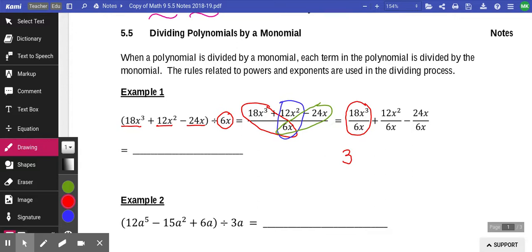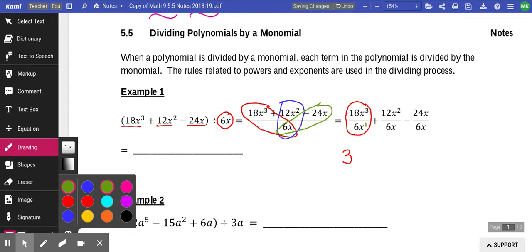We added them. When you divide, you subtract. So in this case, this would be x to the power of 3, and there's an invisible 1 at the bottom. So it'd be 3 minus 1, which is 2. x to the power of 2. You subtract exponents when you're dividing.